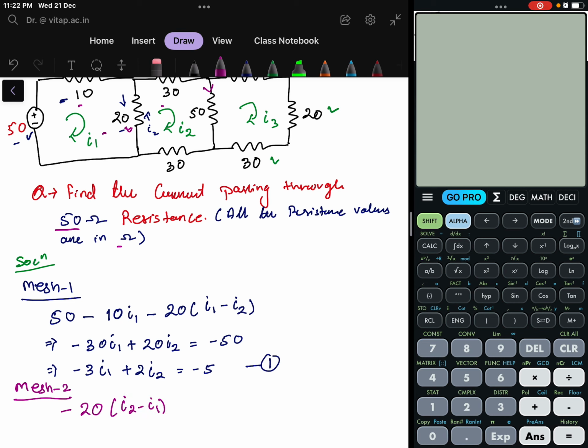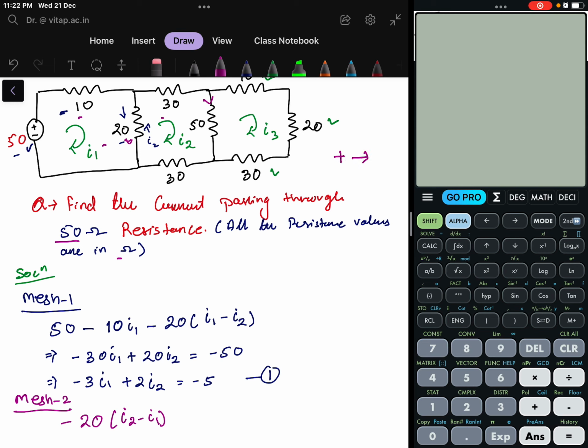Because if current is going from positive to negative, we take the voltage drop as a negative voltage drop. That's why I am taking minus 20. Now I2 minus I1, because I2 is the primary current for this consideration, and here I2 is in the upward direction while I1 is in the opposite direction. So I have to take I2 minus I1.